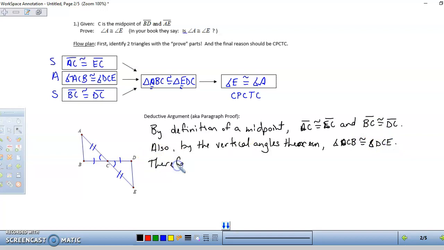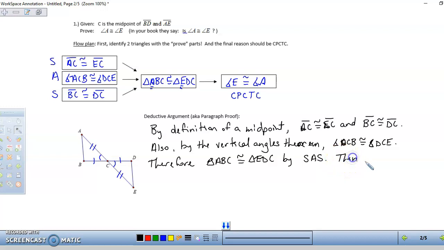Therefore, triangle ABC is congruent to triangle EDC by side angle side.